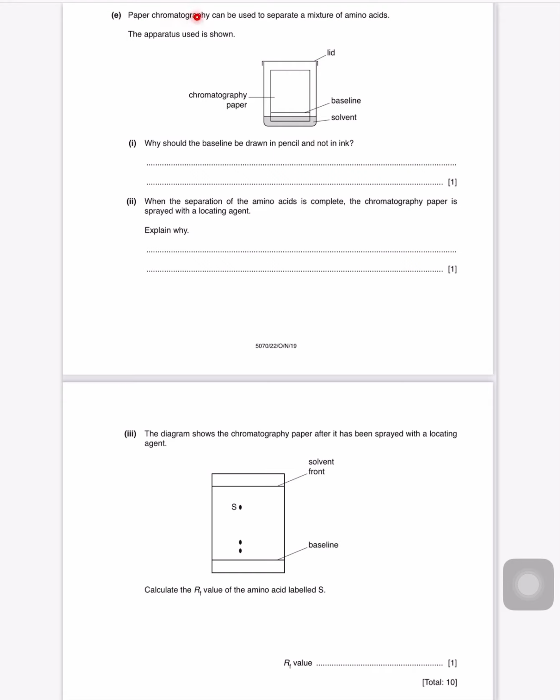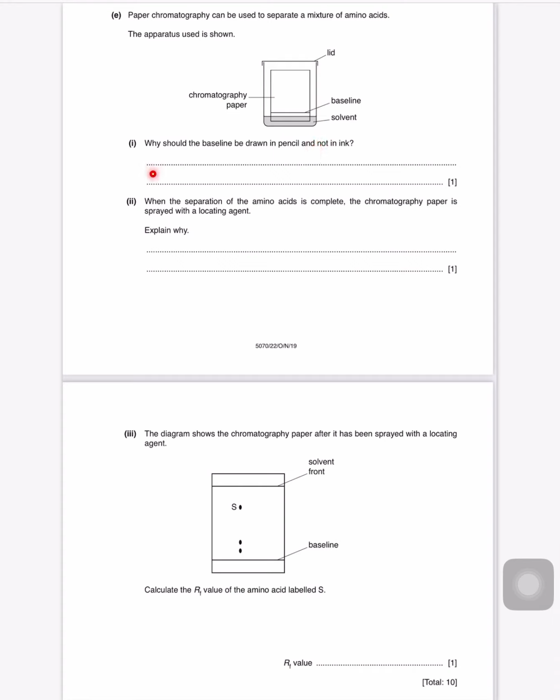Okay, so paper chromatography can be used to separate a mixture of amino acids. The apparatus used is shown. There is a lid over there, chromatography paper, which is called chromatogram. Baseline is there and solvent is there. Why should the baseline be drawn in pencil and not in the ink? We have explained this thing in detail in the previous past paper session of chromatography as well, and in the lecture of chromatography as well.